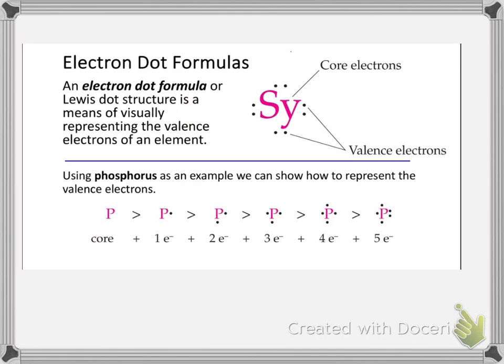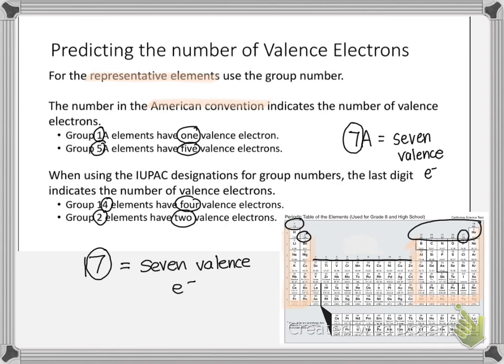So we also can use, well, you know what? I want to go back. It just made me think, because if I was in class, I would give you an example. So let me give you, and it's hard to see here, but if you have a periodic table, go right here. Let's go to phosphorus. So how many valence electrons does phosphorus have? So maybe you got an idea.